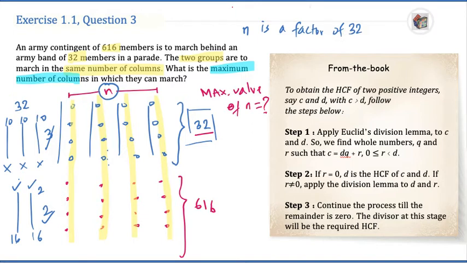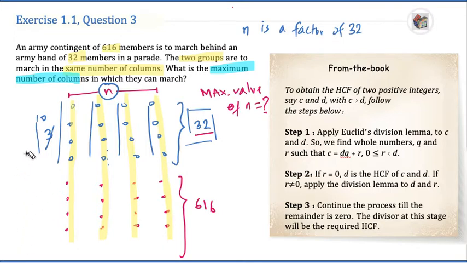Now let me just clear up this space and let's talk about these 616 members from the army contingent. Similar thing, it's again the same thing. If I have 616 people, can I arrange them equally in 5 columns? I will not be able to do that. And the reason for that is that 5 is not a factor of 616.